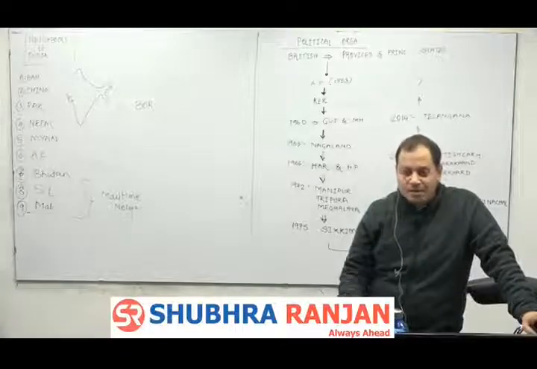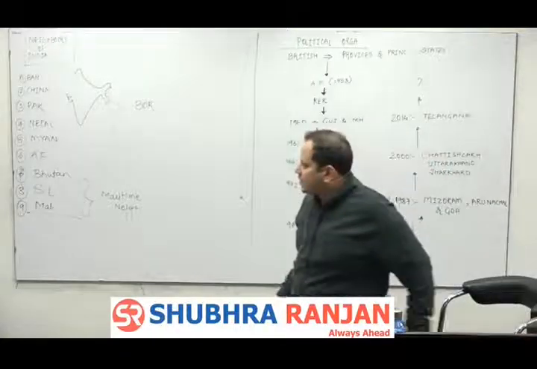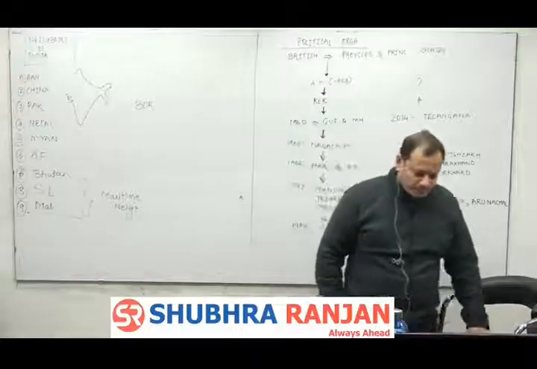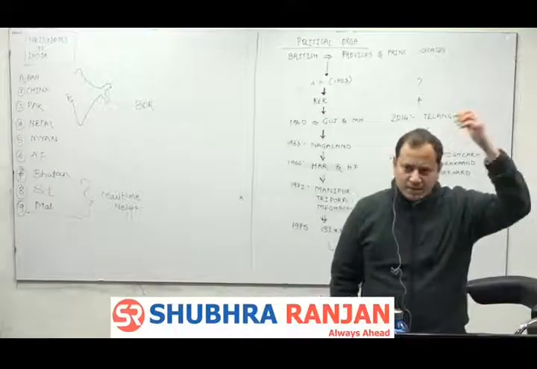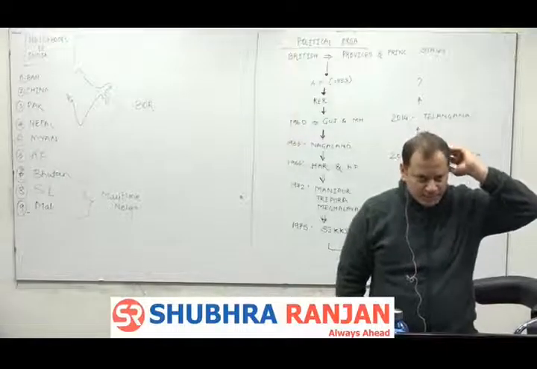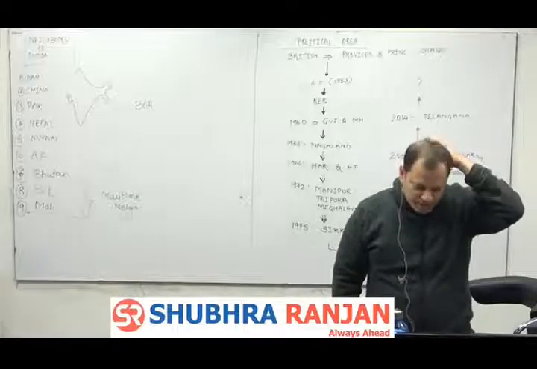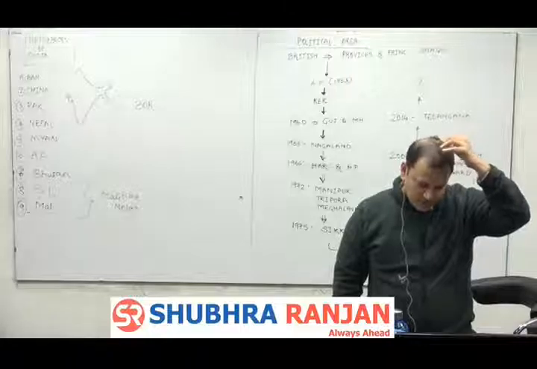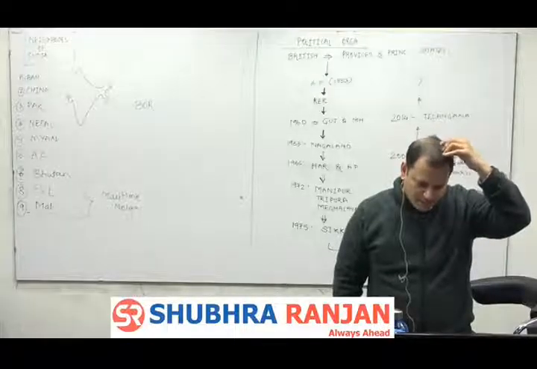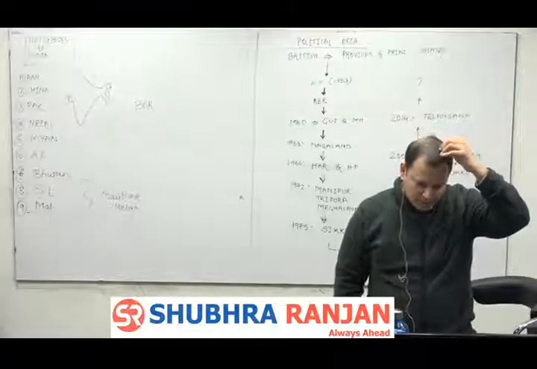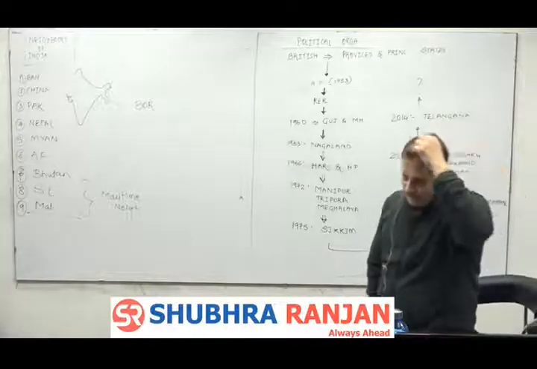Who do we have the longest border with? Bangladesh. First Bangladesh, second China. This is the order of how we are having the borders. Third, Pakistan. Fourth, Nepal.